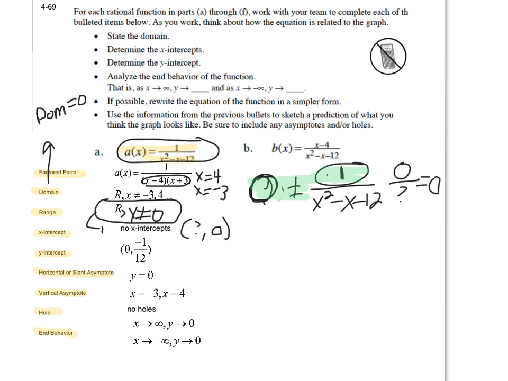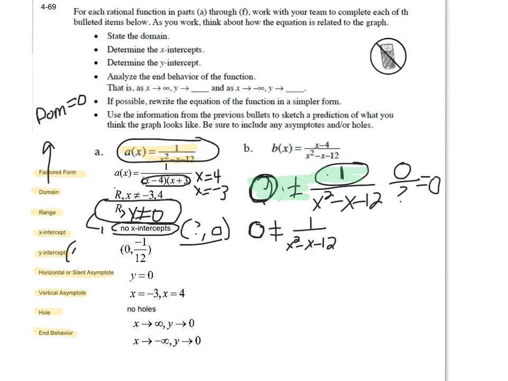Therefore, what x value is going to give me an output of 0? That's what this is asking. If my equation is 1 over x squared minus x minus 12, and I need to get an output of 0, I can't do that. Therefore, there are no x-intercepts.